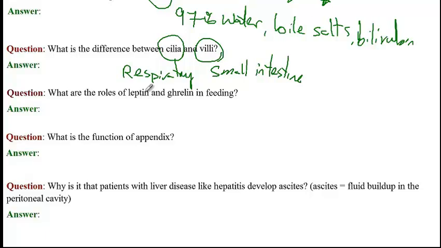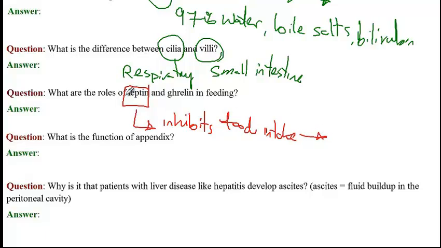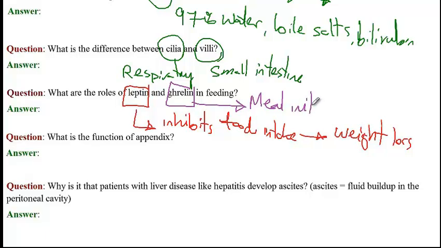So let me pick a different color here for you. So there we go. So leptin, it inhibits food intake, and so therefore increased secretion of leptin helps with weight loss, while ghrelin, on the other hand, promotes meal initiation, which is to start eating food, and so therefore it can cause obesity.